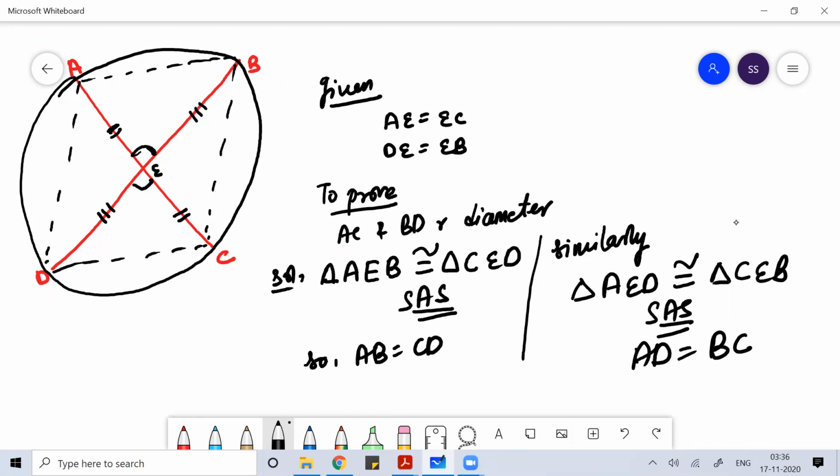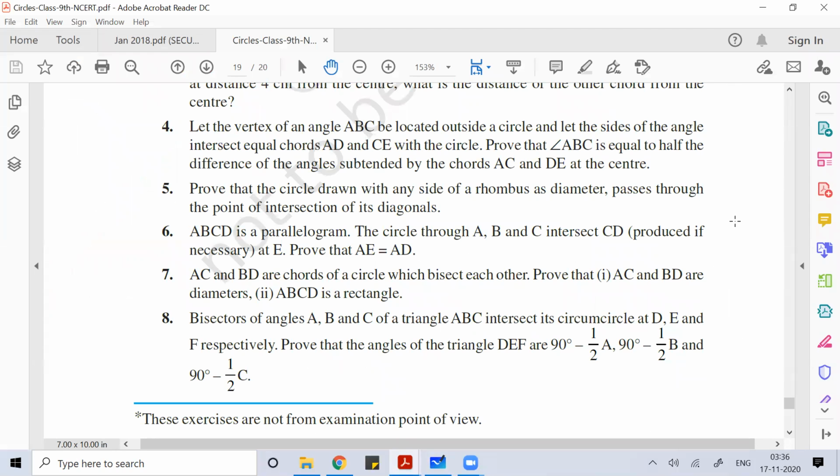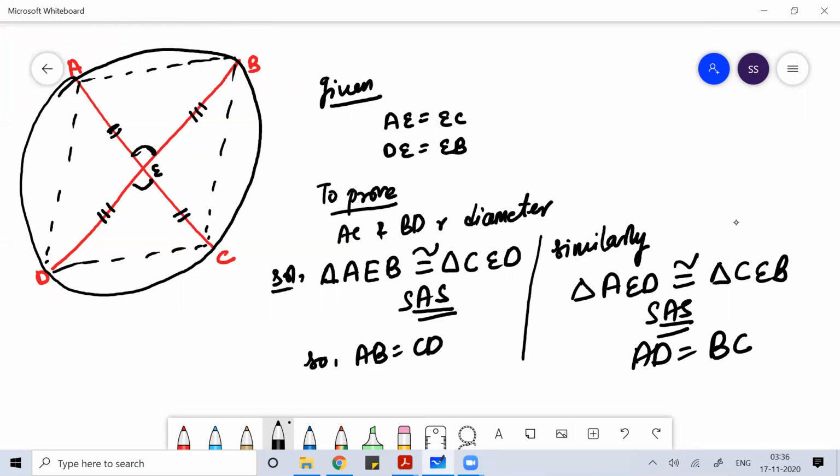What do I need to prove? I need to prove AC and BD are diameters. So AC is a diameter means angle ADC should be 90 degrees.